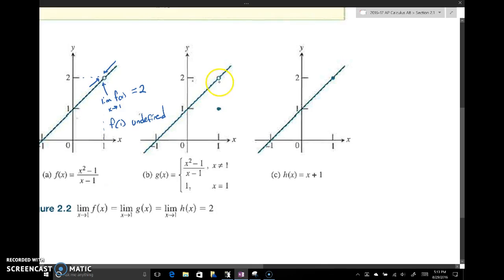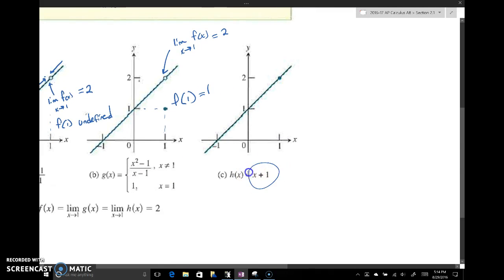We can still have a value for the limit. Same thing here. The limit of the function f of x as x approaches 1 is equal to 2, but f evaluated at 1 in this case is equal to 1. It's been defined piecewise as 1.